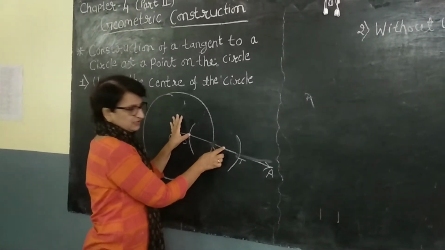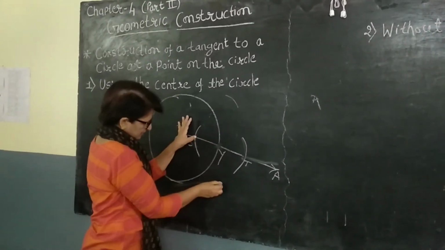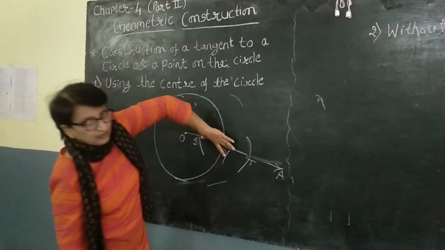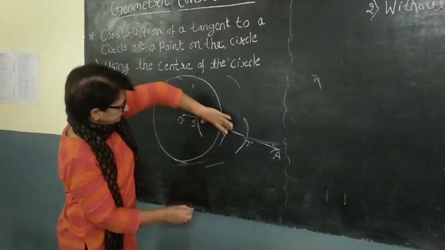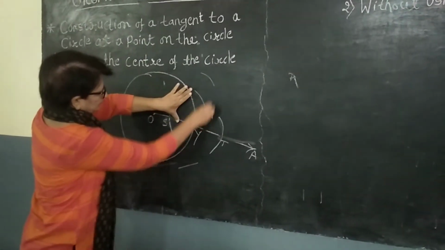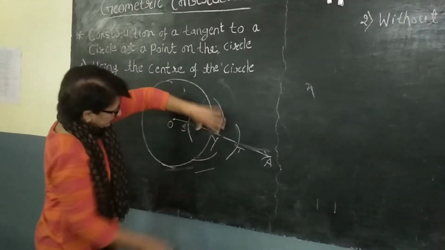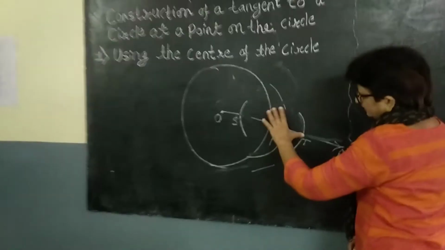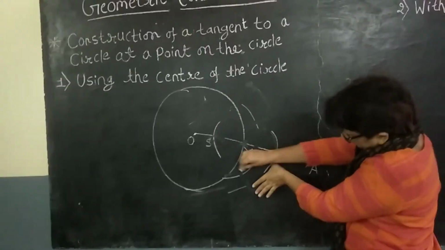Let me take the radius out here and draw an arc this side and this side. Put your compass point here. This is the distance that you have taken. Draw an arc here and draw an arc here.